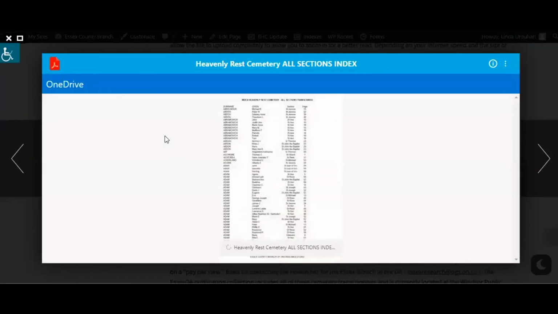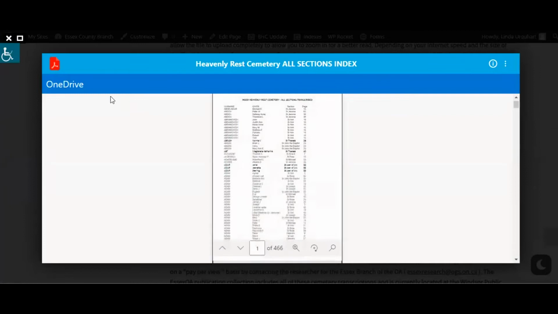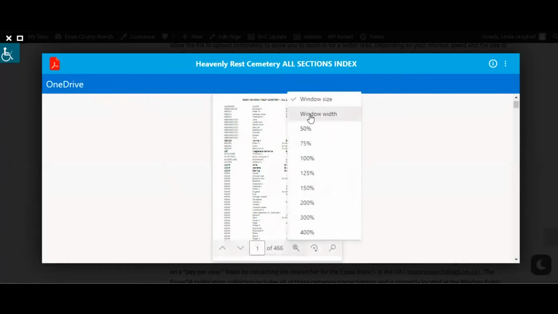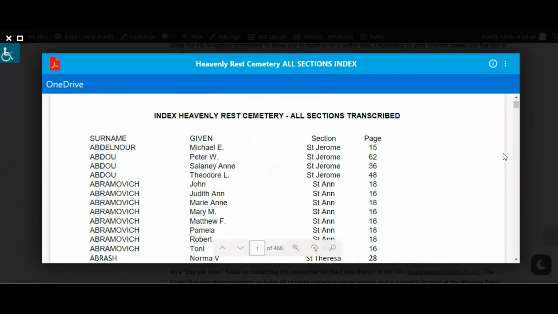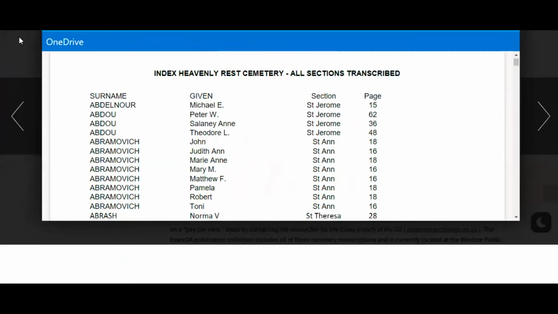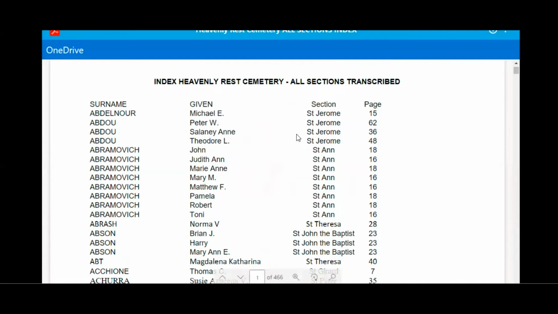In all cases, everything's going to be the same whenever you go to any of these. The documents are going to be shown to you in this format. What I would suggest you do first is to zoom so that you can read the file better. And you can make it full size by clicking on that little square.